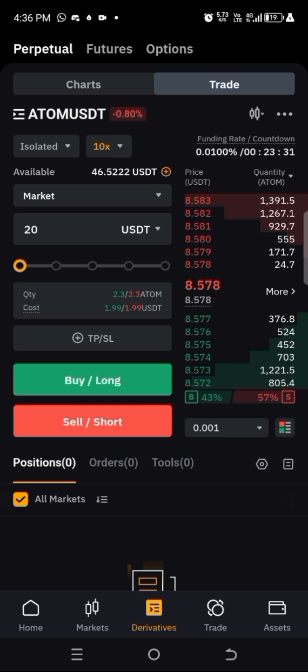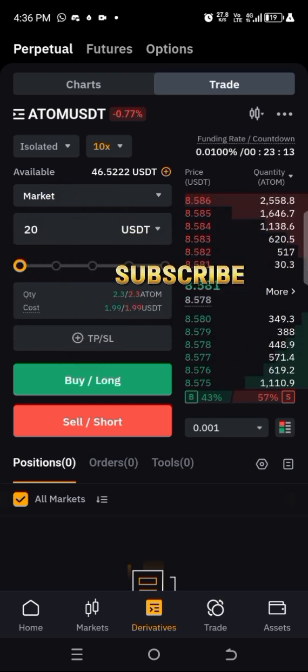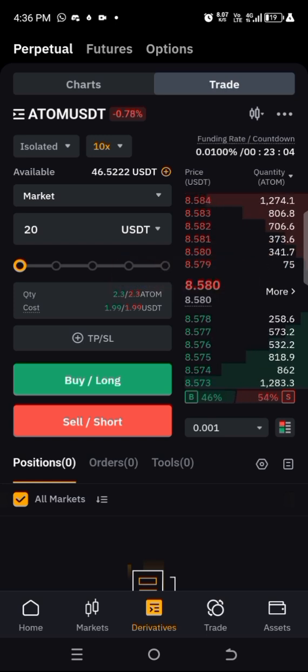If I get liquidated, because I am in isolated mode, it is only that $20 I used to enter the trade that will get lost entirely. But that's if I don't set my stop loss. Once I set my stop loss, my trade will not go beyond my stop loss, except in rare cases where the market is so volatile that my trade could not peak before it moves away from where I set my stop loss. Hope you get it.